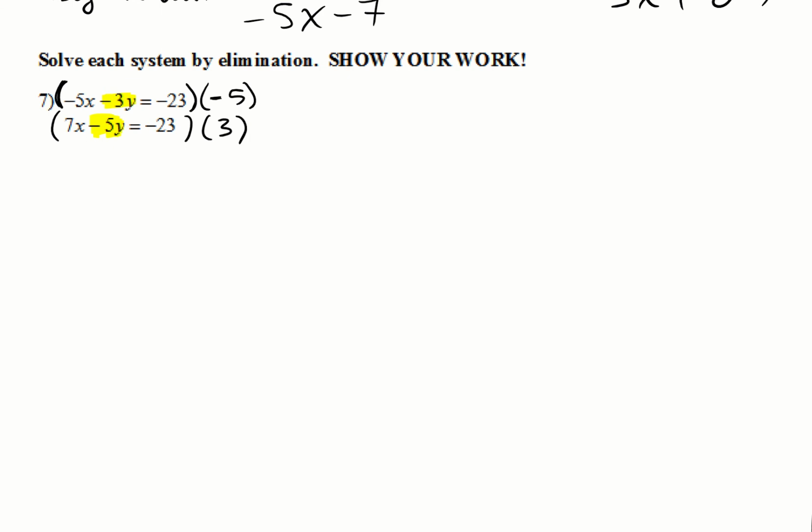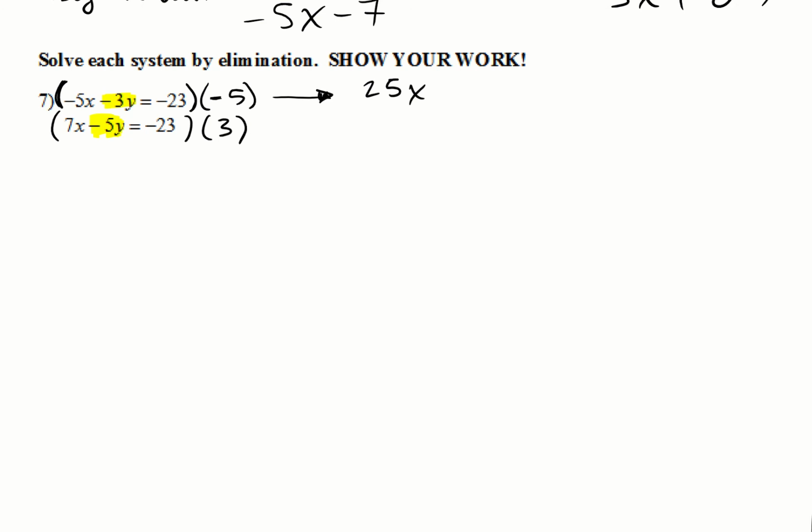Now, what I like to do when I'm doing this is very carefully rewrite the equation so that I have a chance to visually check for errors. So again, all terms on both sides. The first term on the left-hand side is a negative 5x, and when I multiply that by negative 5, I'm going to get exactly 25x, and then I'm going to multiply negative 3y times negative 5.